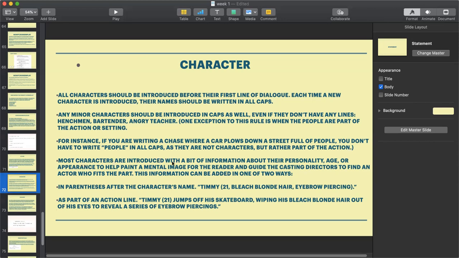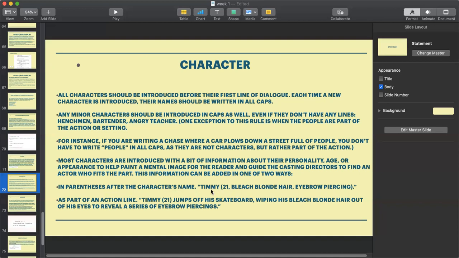Most characters are introduced with a bit of information about their personality, age, or appearance to help paint a mental image for the reader and guide the casting directors to find an actor who fits the part, right? So the information can be added in one of two ways. In parentheses of the character's name.